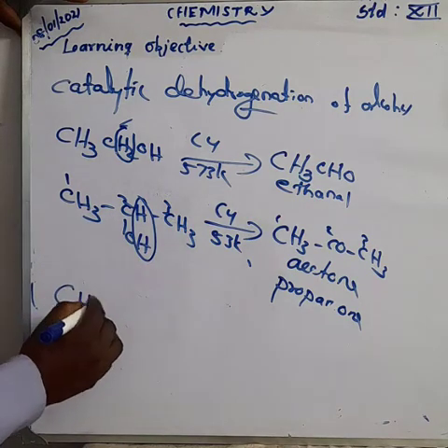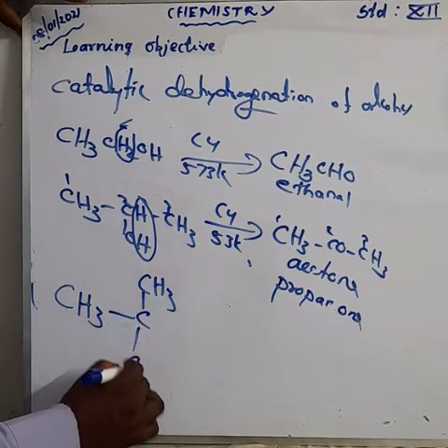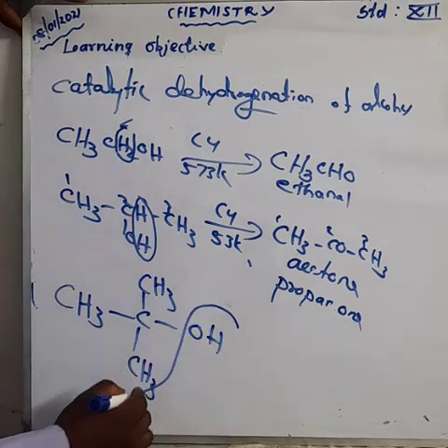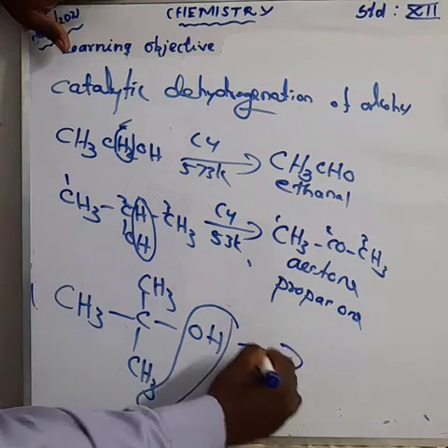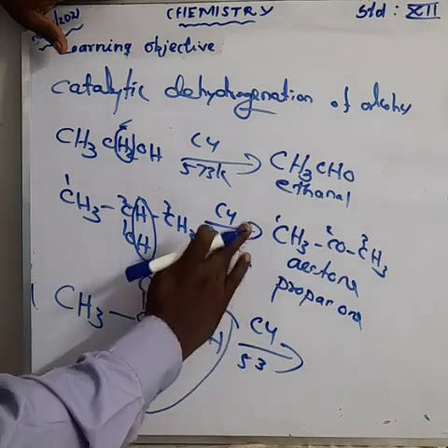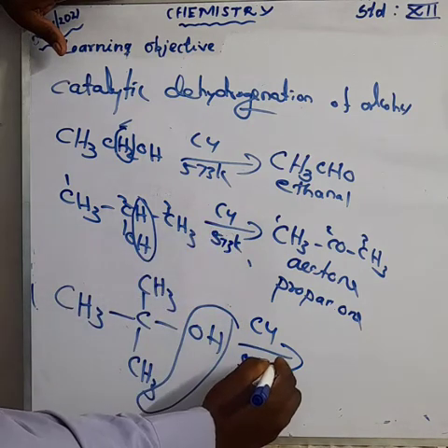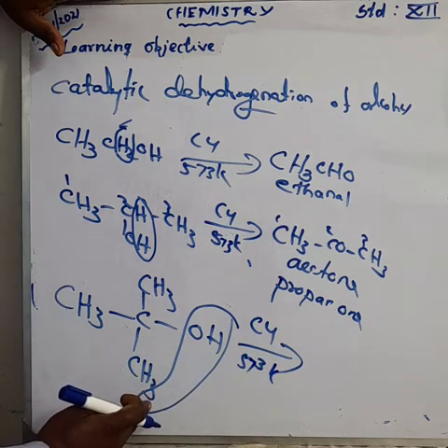Tertiary butyl alcohol, formula (CH3)3C OH. The OH combines with hydrogen to form water, and we are using copper at 573 Kelvin as the reagent.